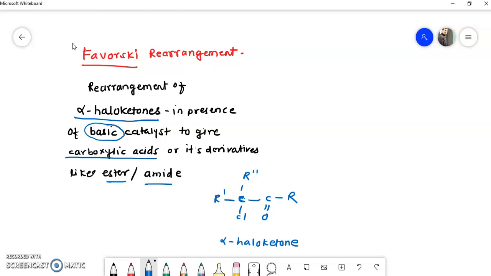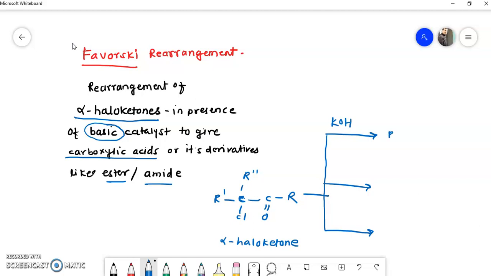So when this alpha haloketone is treated in presence of basic condition, depending upon the base used we get different products. Remember, depending upon the base used we get different products. For example, if we use KOH as a base, then we get carboxylic acid salt as a product.